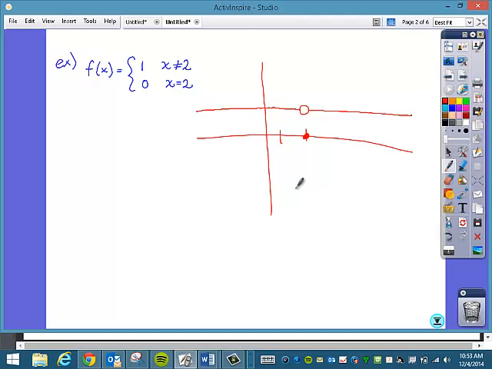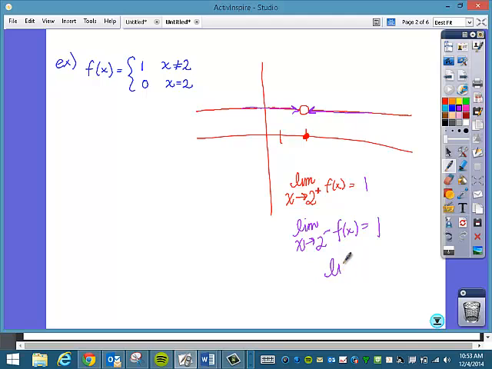So if I was going to ask you, what's the limit as x approaches 2 from the right? As you're approaching 2 from the right, you're approaching the y value of 1. What's the limit as x approaches 2 from the left? Well, from the left, you're also approaching a y value of 1.